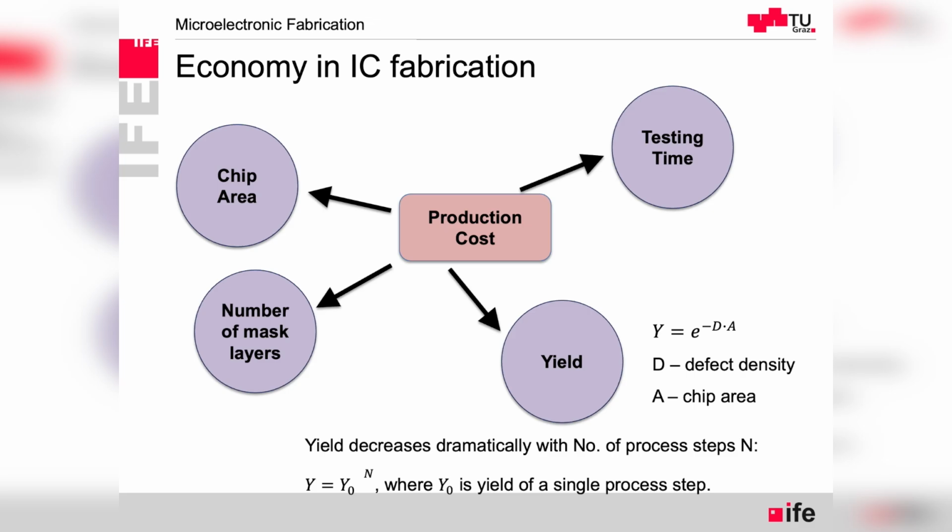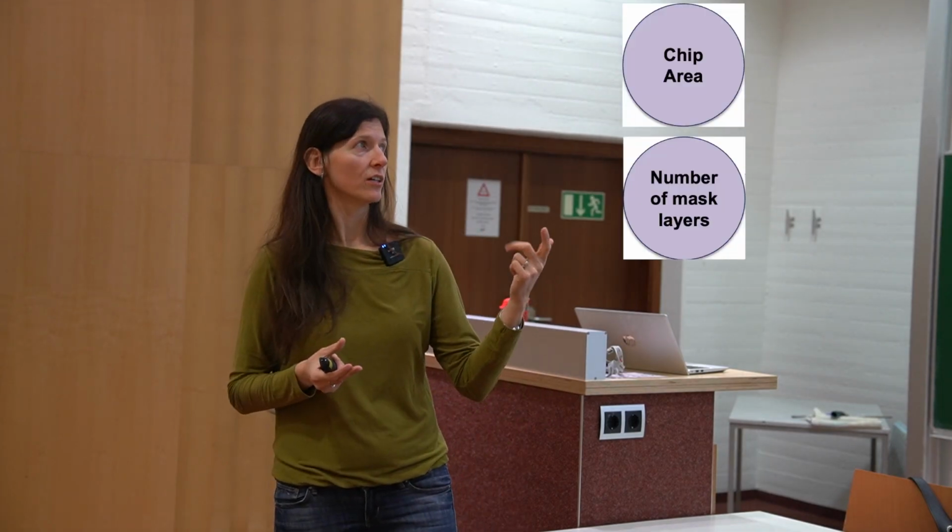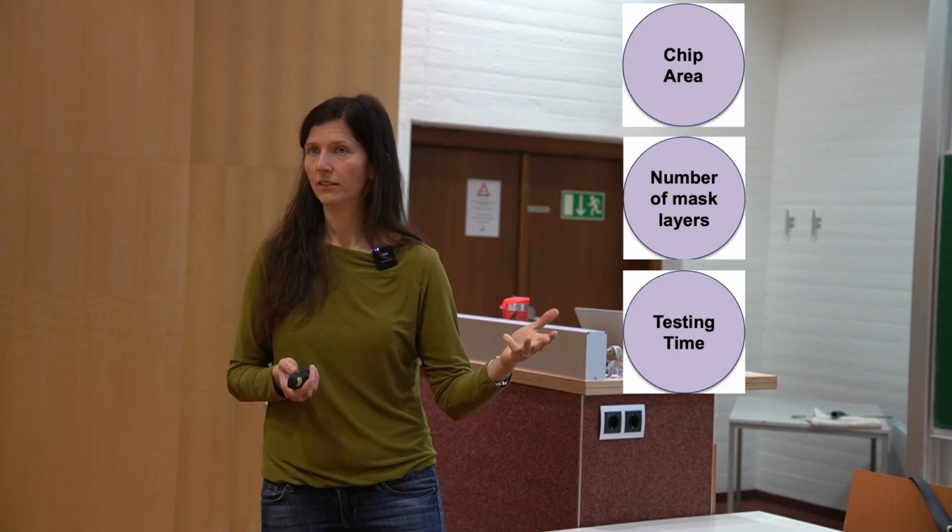From the finally produced chips, if there are defects, then those reduce yield, and that's all wasted resources that are not effective. So increasing the yield, reducing the defect density, and controlling the process steps is also very important. So chip area, number of mask layers, testing time, and yield.